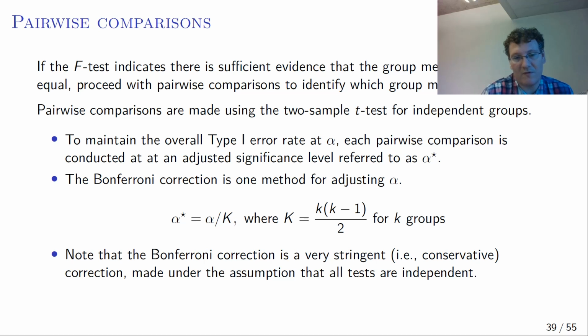Because with alpha at 0.05, every time you do a test, if the null hypothesis is true, there's actually a 5% chance that you reject it. Well, one way to do this is to just lower the significance level for each test. The Bonferroni correction method lowers the significance level. It's pretty strict, but at least it makes sure that the total alpha isn't too big. There are other adjustment methods, and R actually makes it easy to do these corrections.